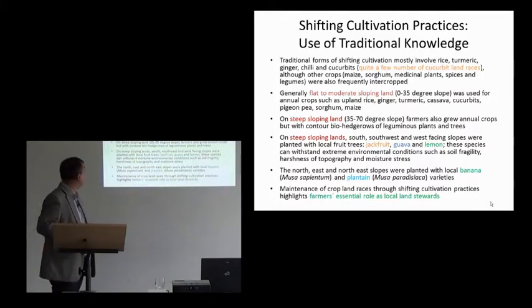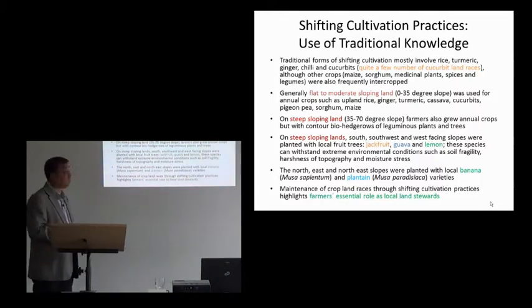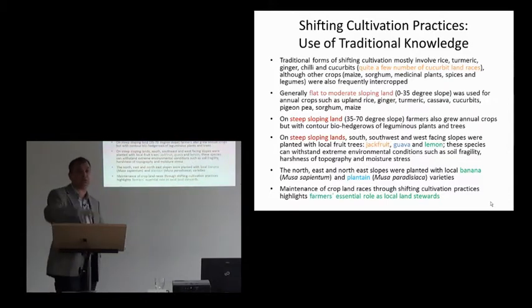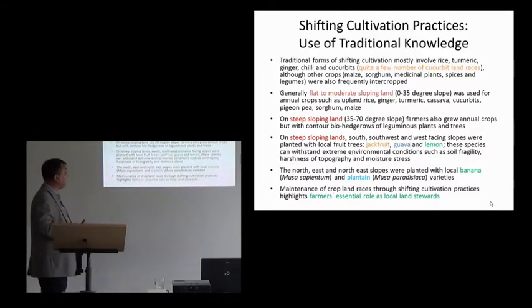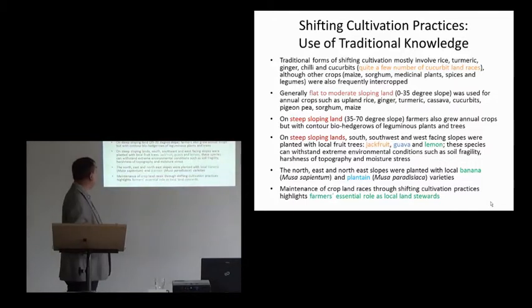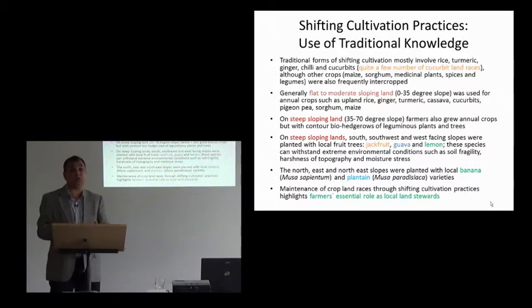And also, these species can withstand extreme environmental conditions, such as soil fragility. In sloping areas, soils are very fragile when there is not enough vegetation, with the harshness of topography and moisture stress. And in the northeast and northeast slopes, they plant local banana and plantain, because they have this local knowledge of where to plant what.